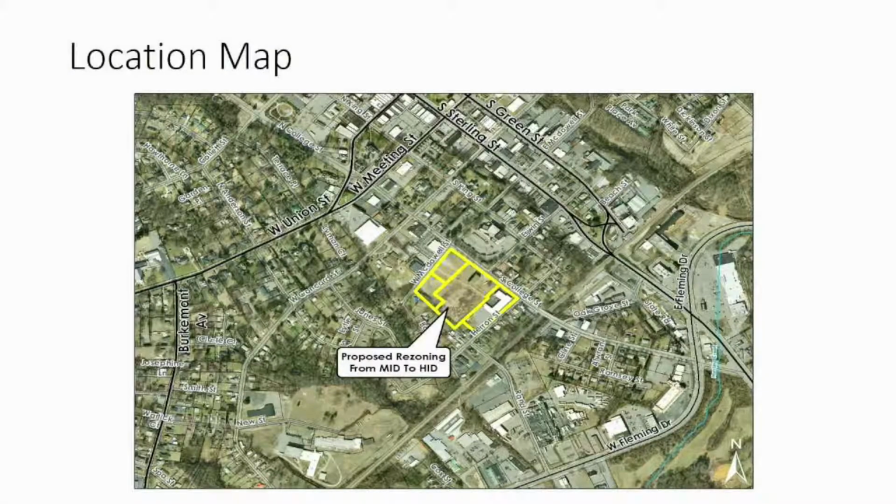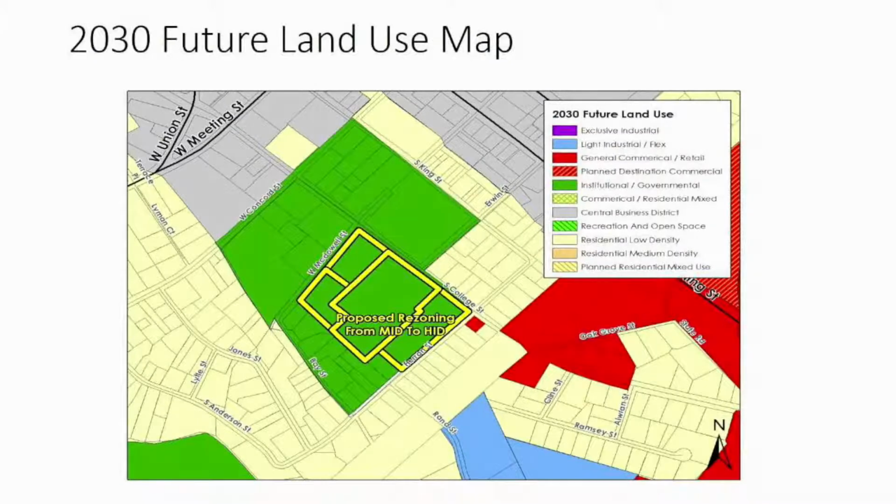Here's a proximity map. Again, it's just emphasizing where it is in town on South College Street and McDowell, right across from the Performing Arts Center. Of note, the 2030 land use map shows that big area in green on the screen as institutional and/or governmental in land use, which would be anything from schools to any type of institutional or governmental development.